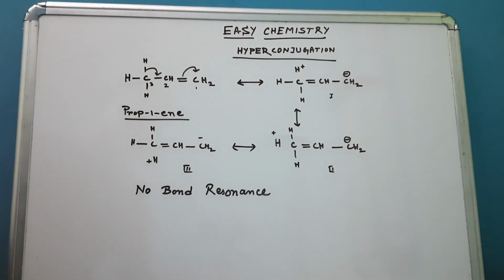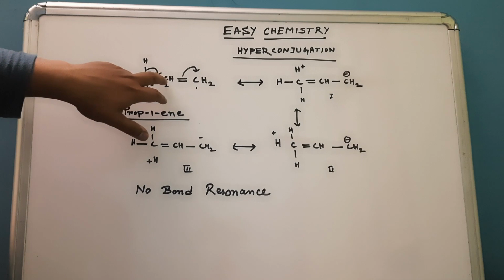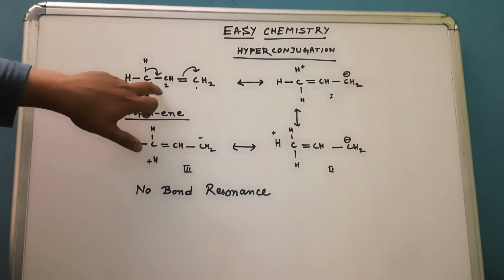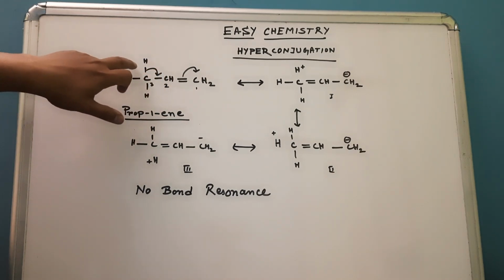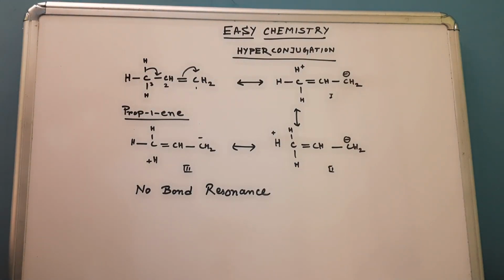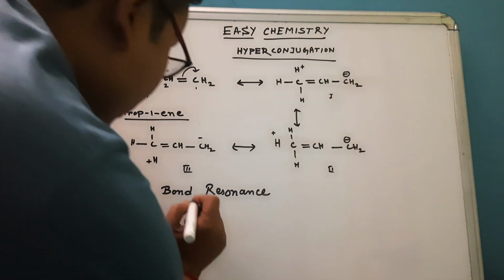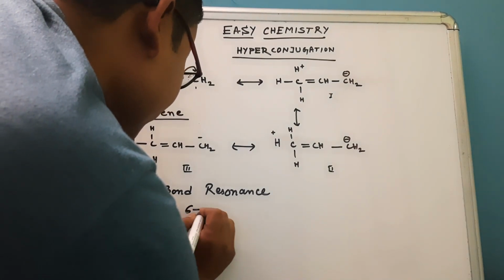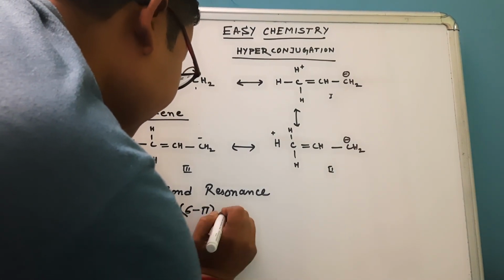There is an interaction between the p orbital of the second carbon atom and the sigma bond. This is called sigma pi interaction.